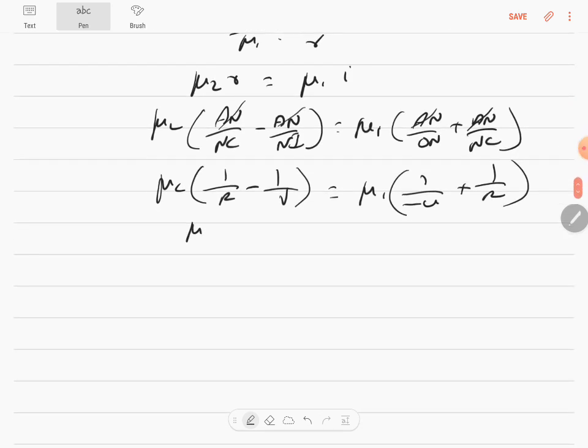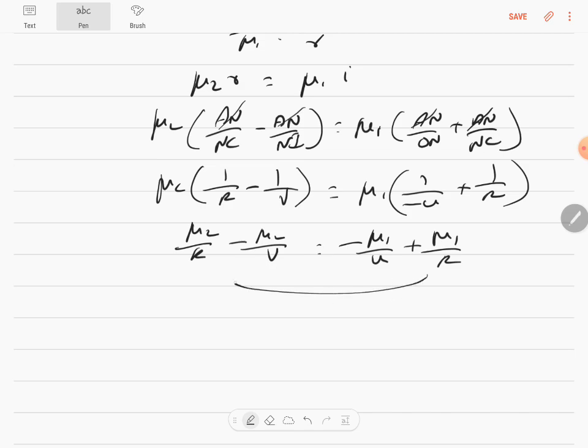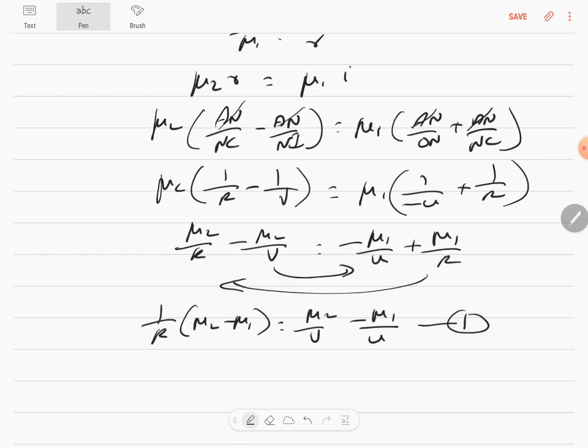Bringing it inside, mu 2 by R minus mu 2 by V is equal to minus mu 1 by U plus mu 1 by R. Now consolidating, you need mu 2 minus mu 1 by R, so you can take it that side. So write 1 by R into mu 2 minus mu 1 is equal to, this goes that side, mu 2 by V minus mu 1 by U. This is the first conclusion.